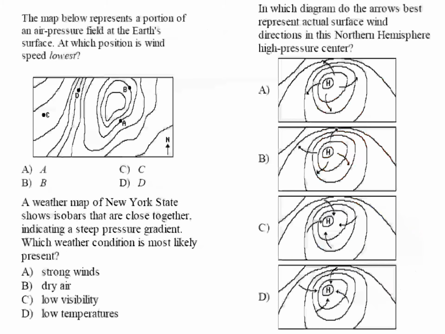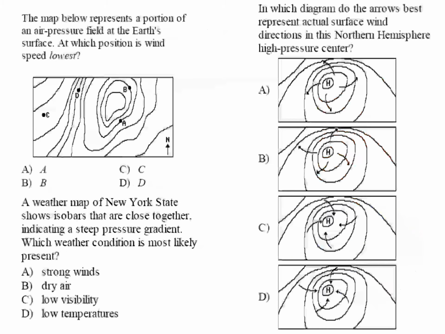Where are the lines spread the most? Your answer should be C. C is the most spread, whereas D would probably be the fastest because that has the biggest pressure gradient. The lines are closest.